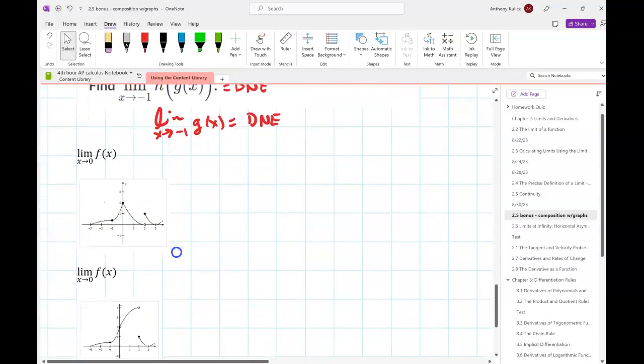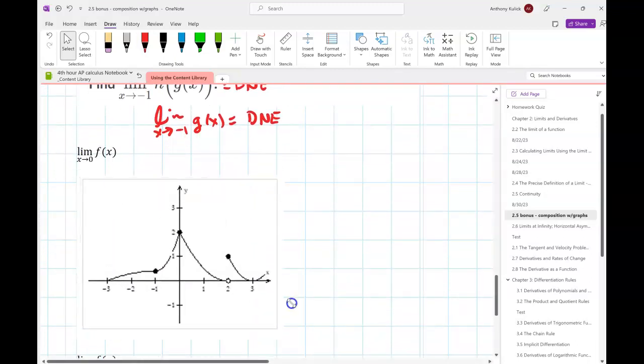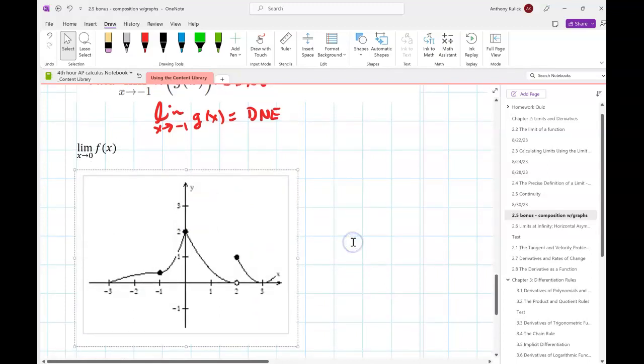Here's where they start getting tricky. This is the worst one here. I need to type this in correctly. I want the limit of f of x.